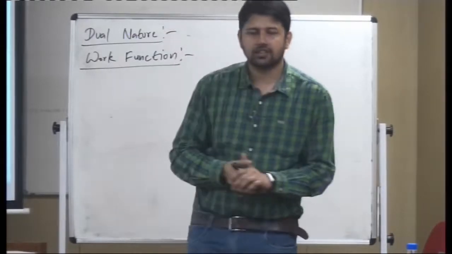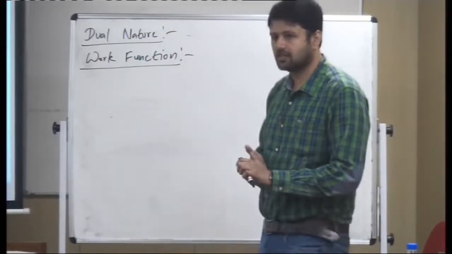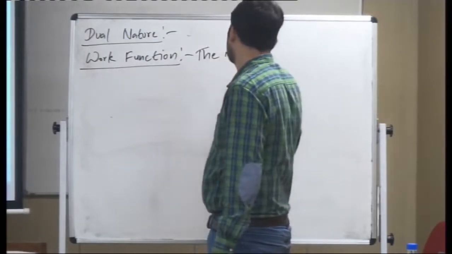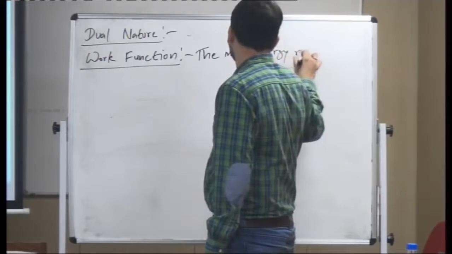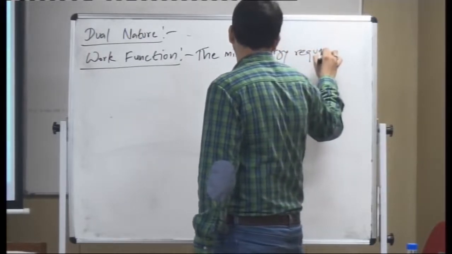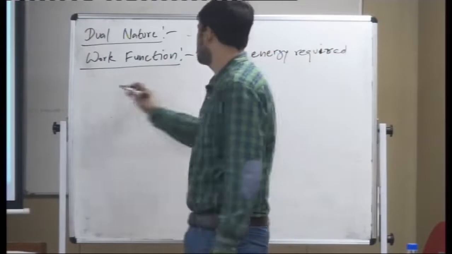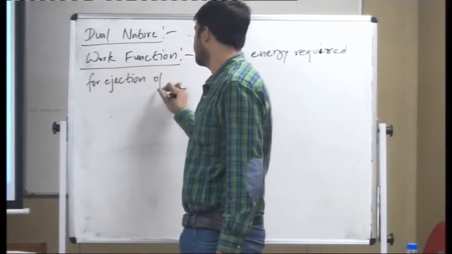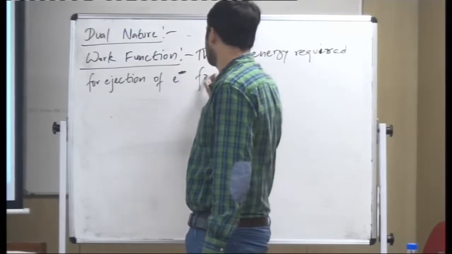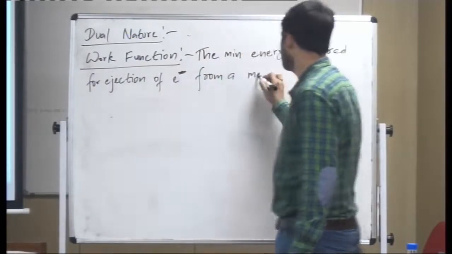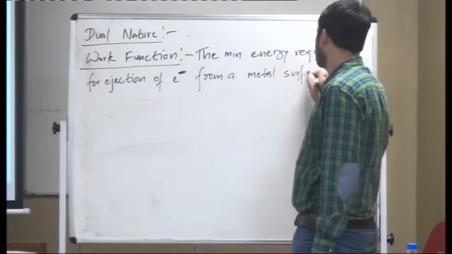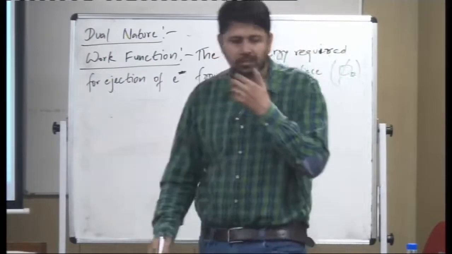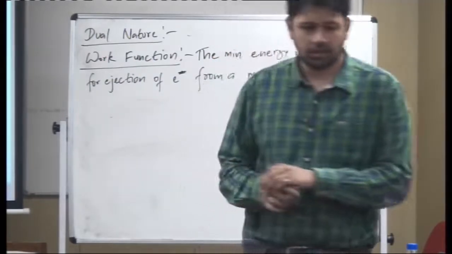The minimum energy required for ejection of electrons from a metal surface. And the symbol is phi naught.